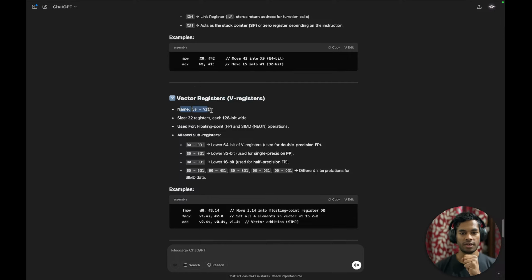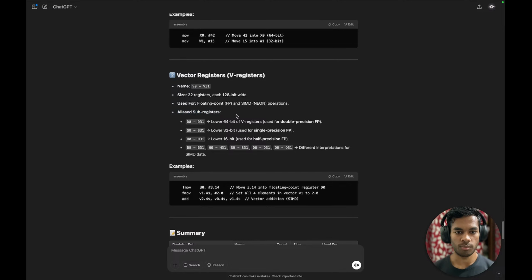Vector registers, the V registers, are named V0 through V31. There are 32 registers, each 128-bit, used for floating point and SIMD operations, with aliased sub-registers. D is double word, that is 128-bit? No, double word is 64-bit.